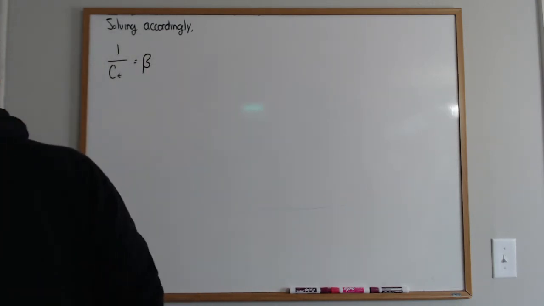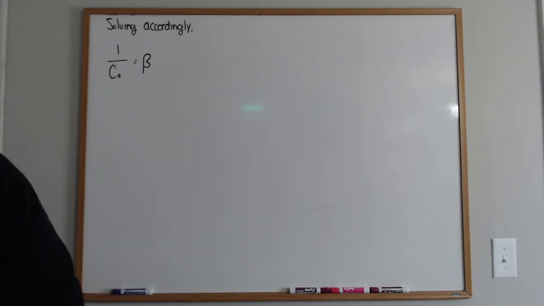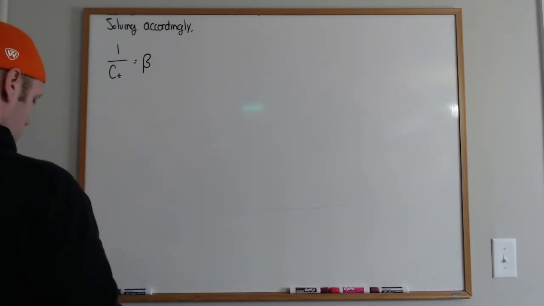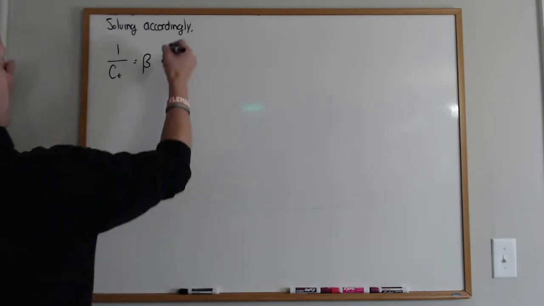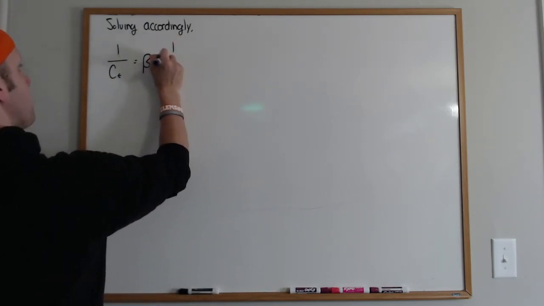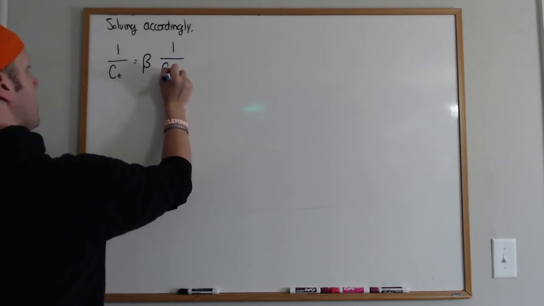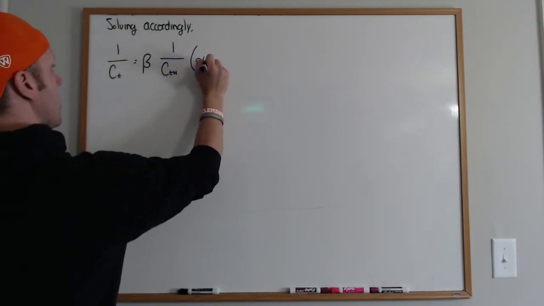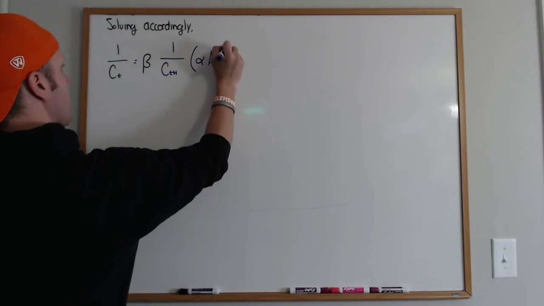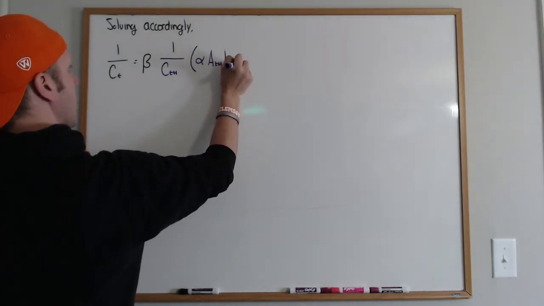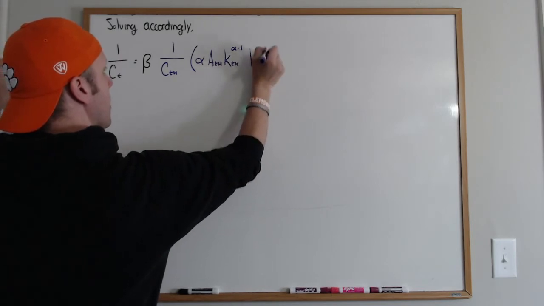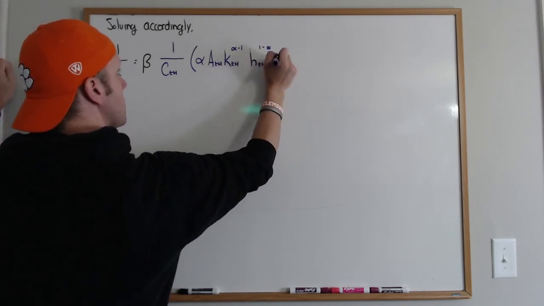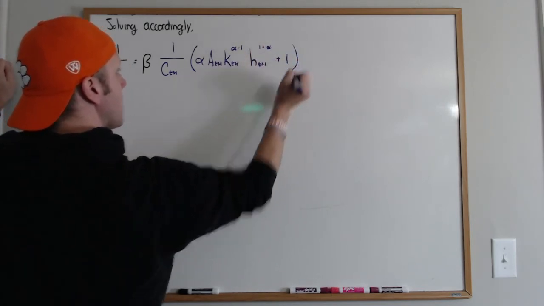I get 1 over CT equals beta times, and in purple, this is with physical capital, I get this.